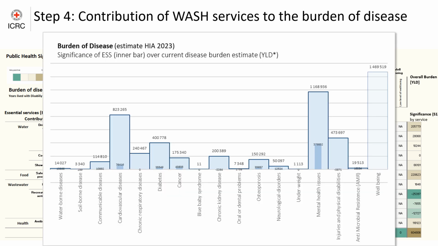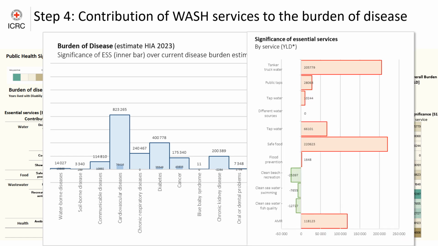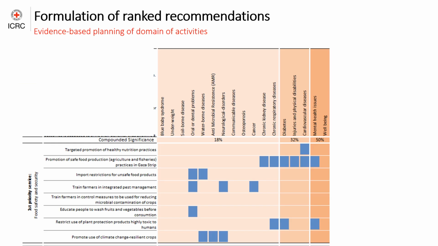Perhaps it's even clearer if you plot the contribution of essential services inside each bar, as you can see here. And even more if we consider the horizontal sum. At this point, you see how each modality of service delivery affects the overall burden.